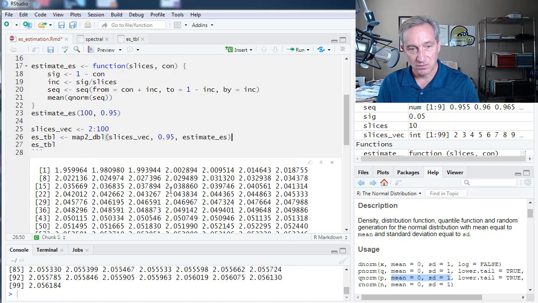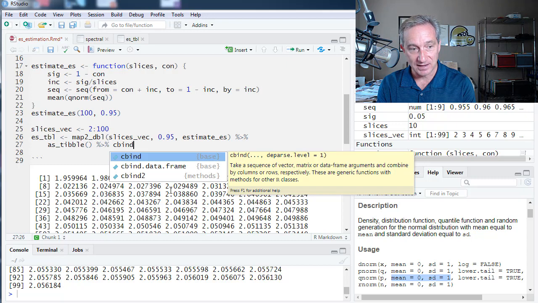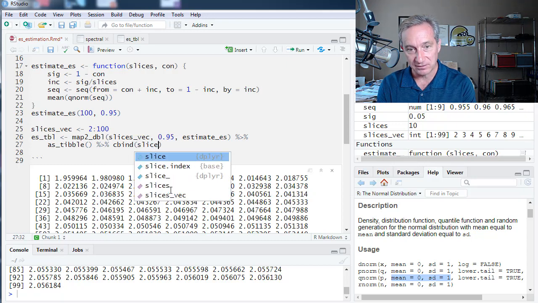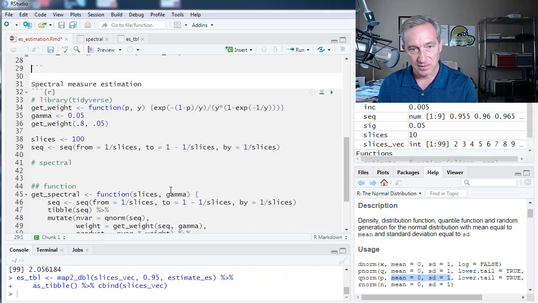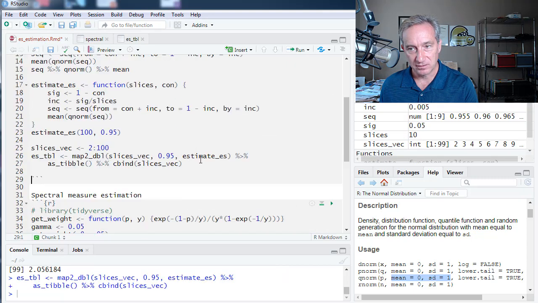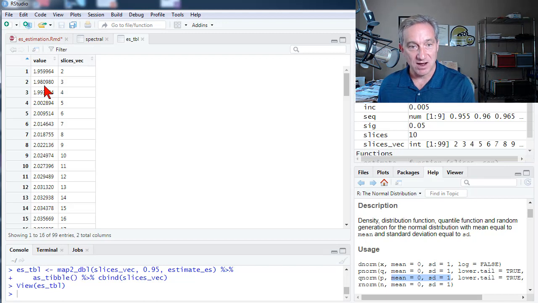So what I'll do here is clean this up by converting that to a tibble. And then I'm going to bind a column, really add the column of my slices vector back to it. Whoops, so that now I put it back in a table.